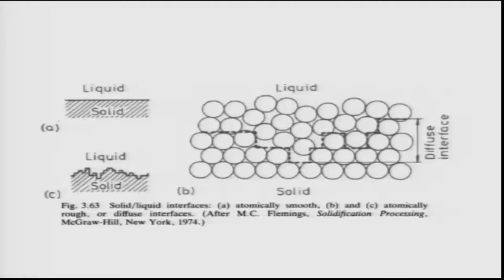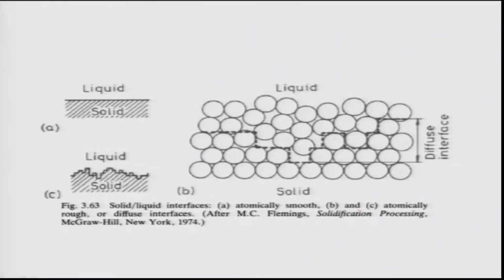So in the figure, the atomically smooth surface is A, and B and C are the atomically rough and diffuse interfaces. Let us first discuss B, which is the diffuse or atomically rough surface.